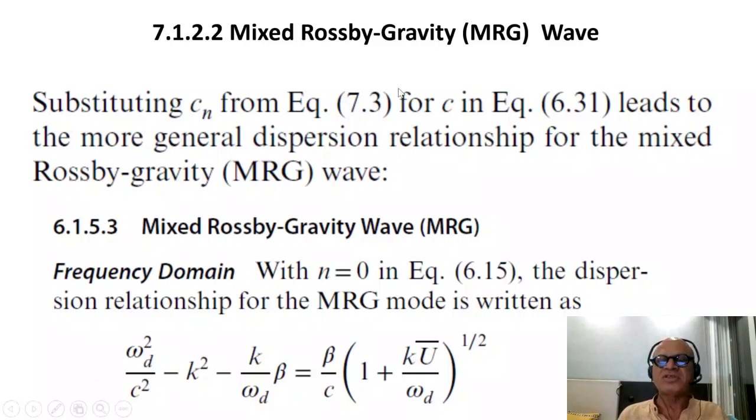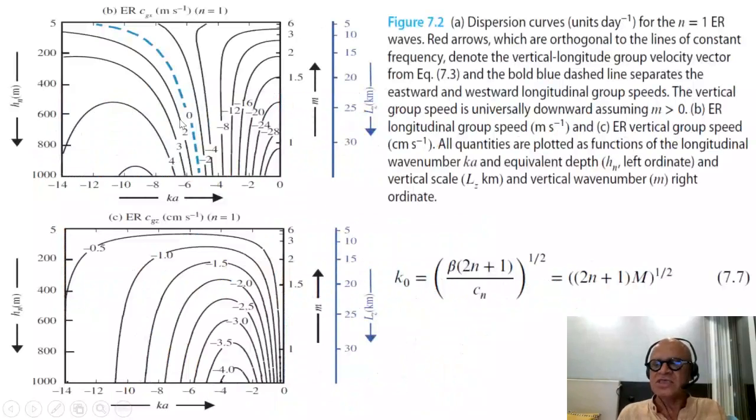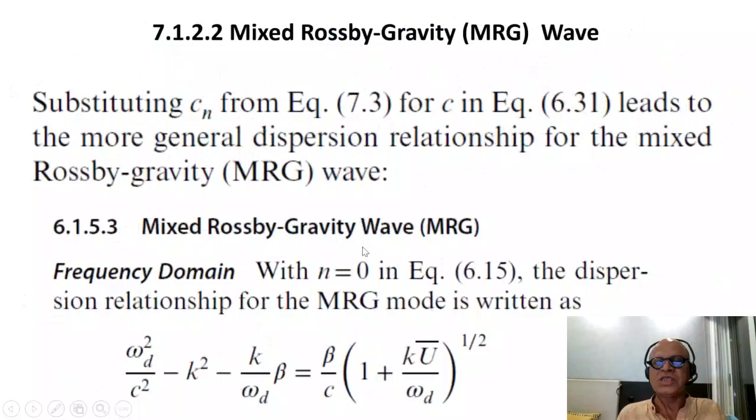Thinking about the mixed Rossby gravity wave now for the longitudinal vertical waves, we again take the equation that I'm not going to go back to. You remember mixed Rossby gravity wave is basically n equals 0, meridional mode 0, in our general dispersion relation. So in that case, we have the dispersion relation looking this way.